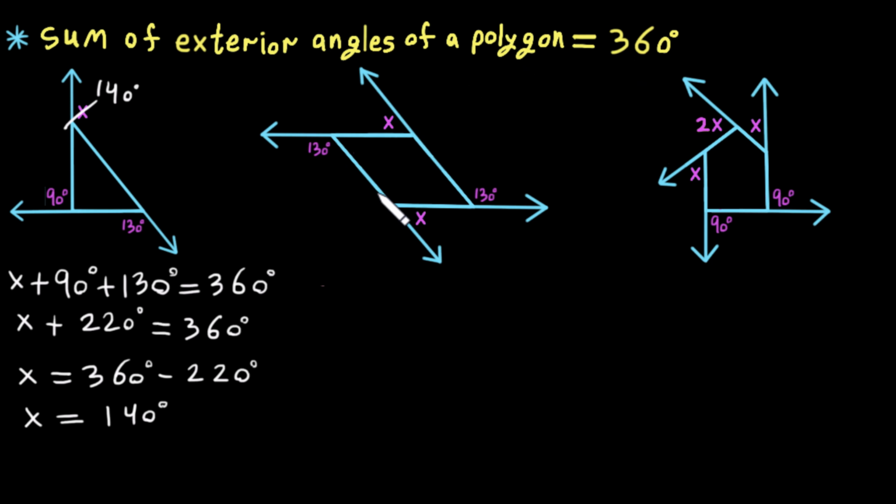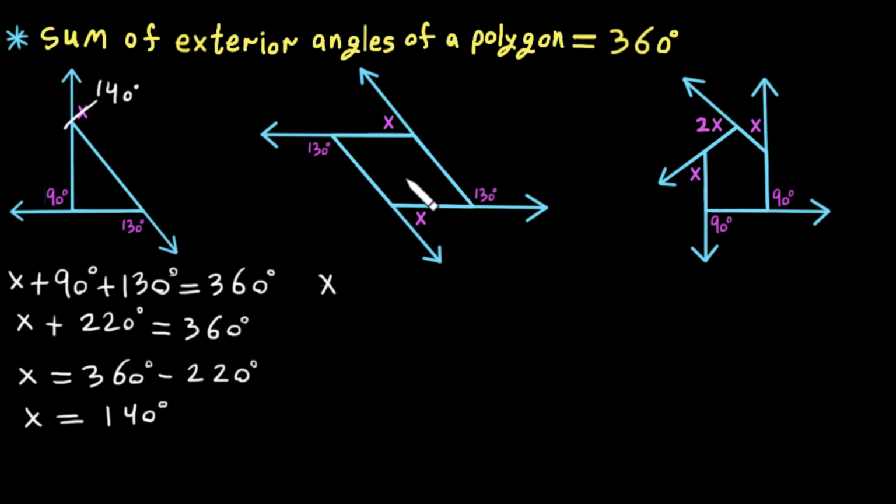The second example is a quadrilateral. We are given two exterior angles of 130 degrees and 130 degrees, and two angles of x. Here they are equal, so by solving for x, we will find the values of these equal exterior angles. We use this rule, so I will start with x.